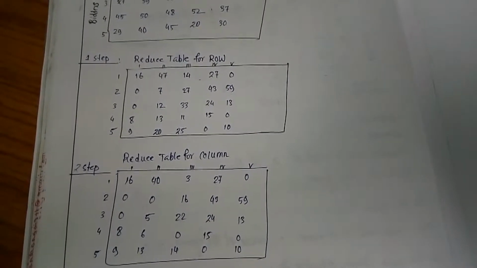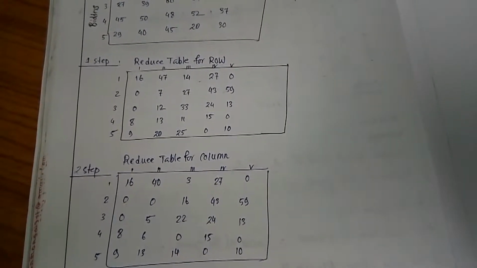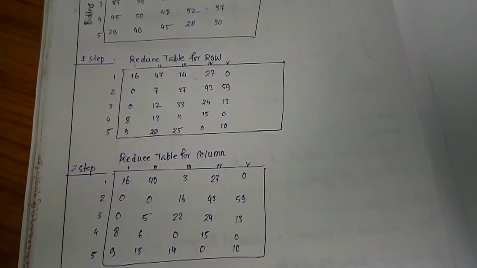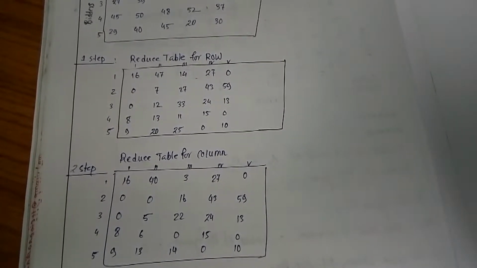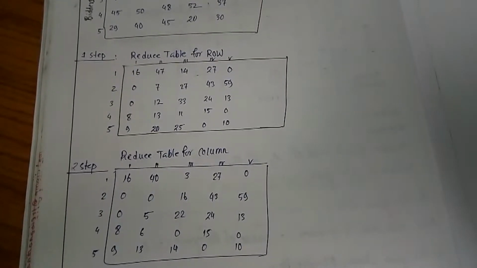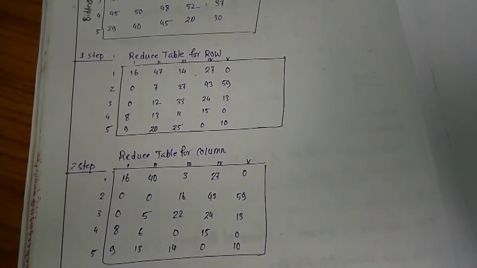See this very carefully. In step 1, when you make the reduced table for rows, you will get at least one 0 in each row. Now there is no need to go for the second step, that is, the reduced table for columns, if a condition is satisfied.